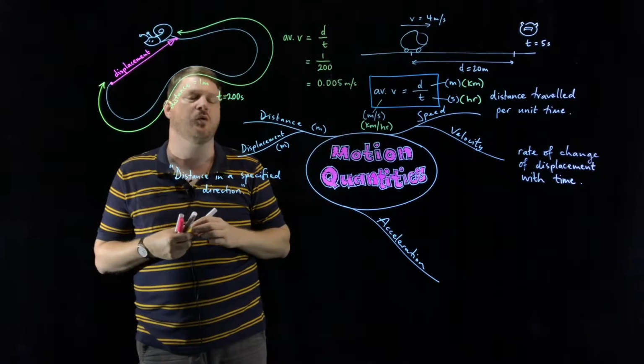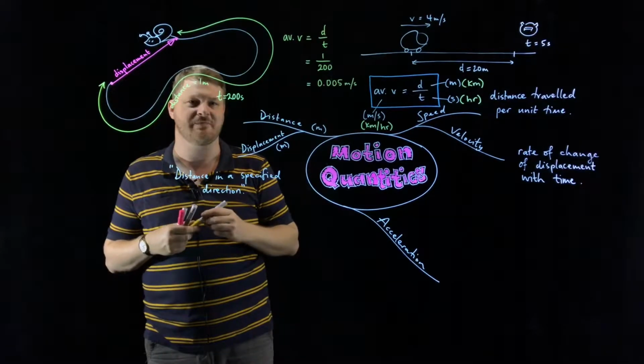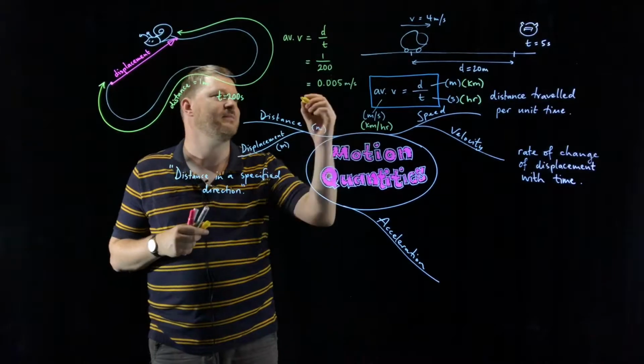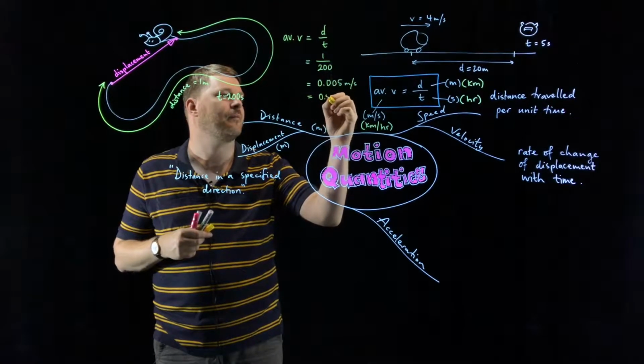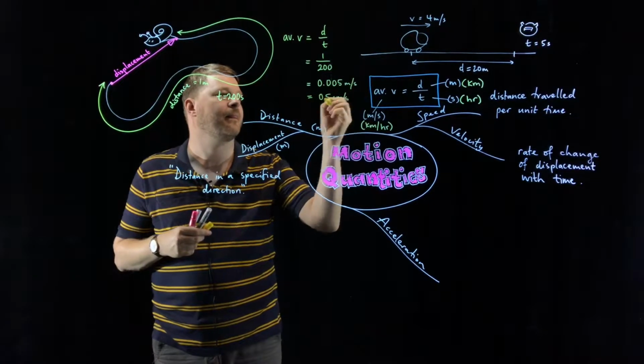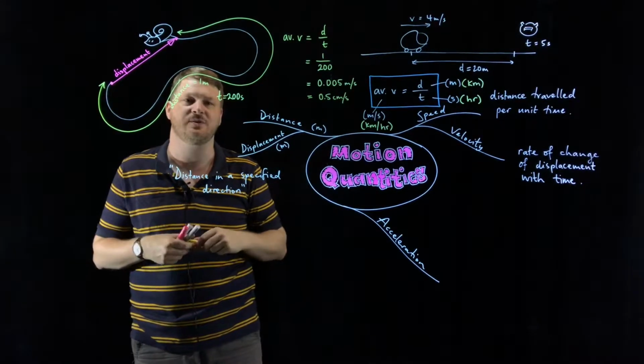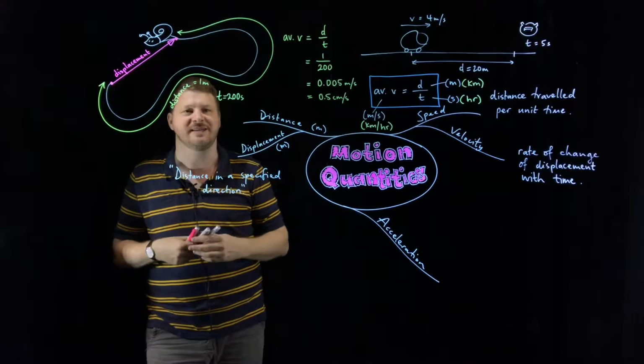Now, 0.005 meters might be better expressed in centimeters, and it would be 0.5 centimeters per second. So that's how far it went on average per second, and that's what we use to express its speed.